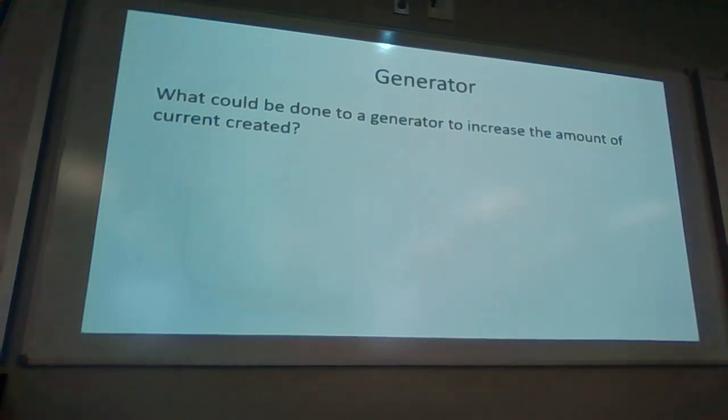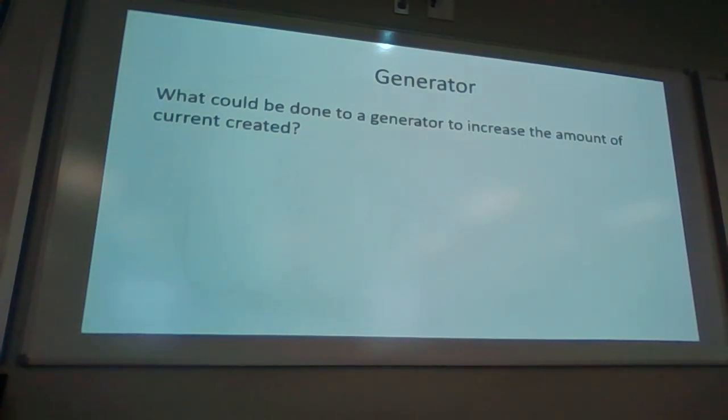All right, if we're designing a generator, we want it to produce the most possible current, the most voltage. How can we do that? What can we do to create a generator that has the maximum amount of voltage induced? What exactly are we making bigger? Bennett: have a stronger magnetic field.